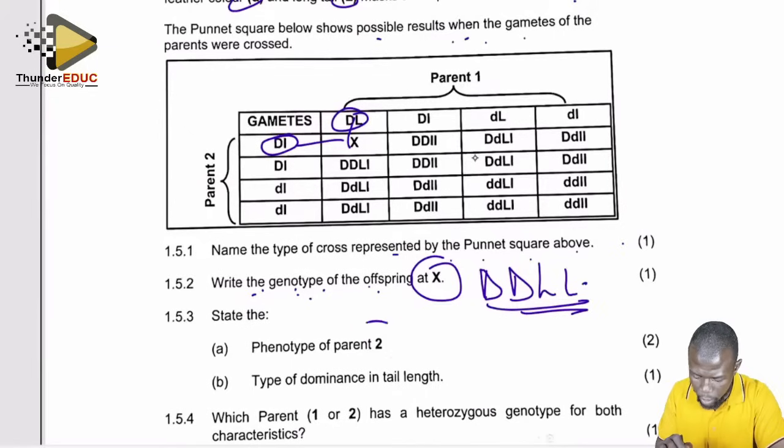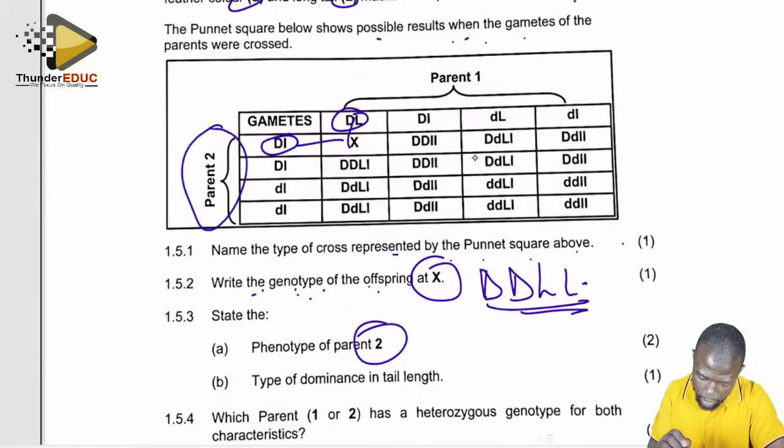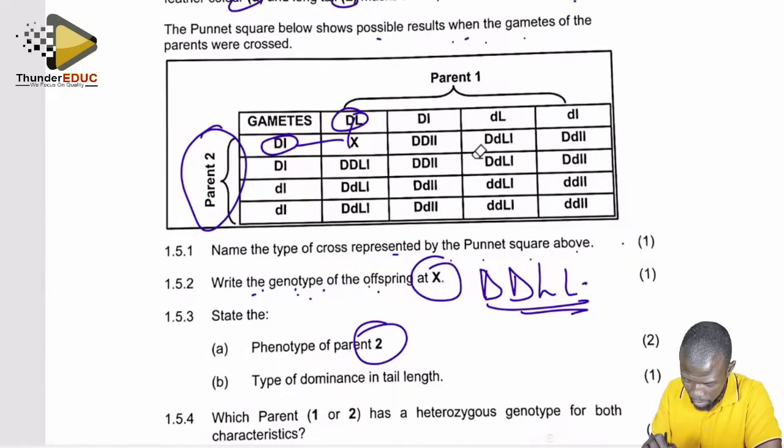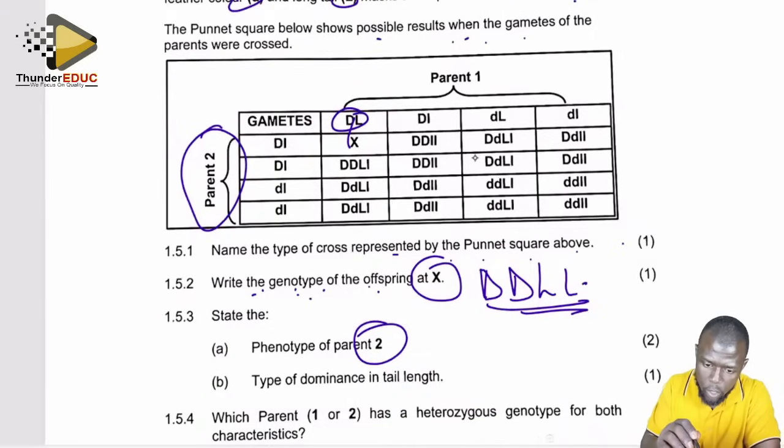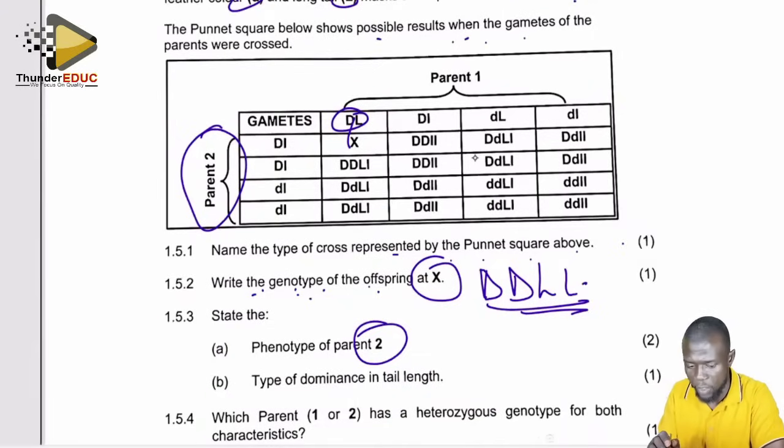Then they are saying to state the genotype of parent 2. This is parent 2. So how do we get the genotype? They're saying genotype. So let me first identify the phenotype so that I'm able to identify the genotype. The phenotype, I'm going to say capital D, the first letter.